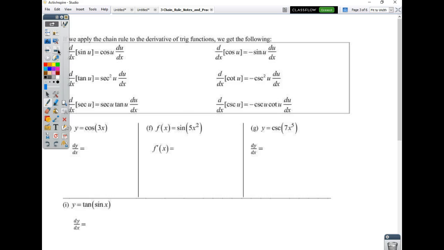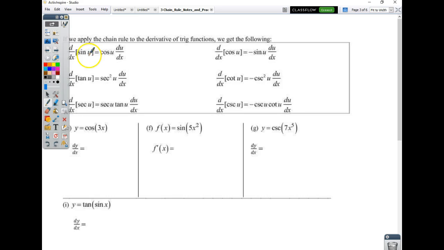Now, something very serious here. If you look at any list of derivatives that has been put out by an actual publishing house, like a calculus book, such as Barron's or the Princeton Review, or on a majority of websites, when they take the derivative of sine, cosine, tangent, cosecant, secant, and cotangent, you will notice they will not say the derivative of sine of x is cosine of x.